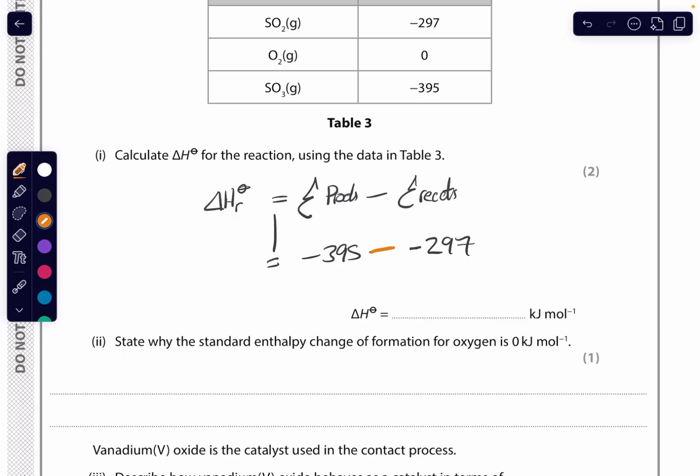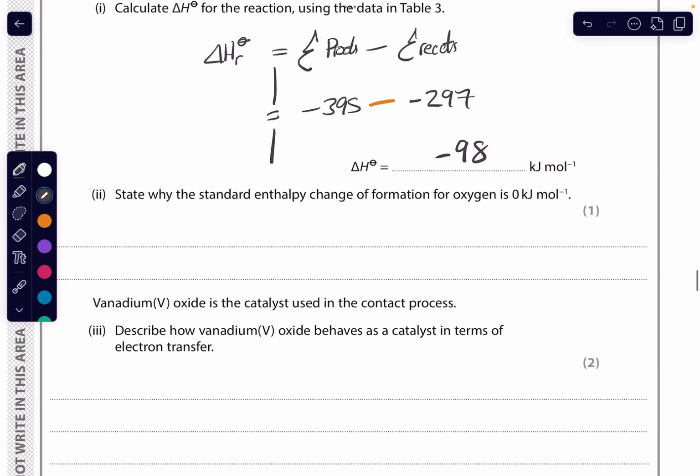Put this into your calculator exactly as you read it: negative 395, subtract negative 297. It will look something like this. When you press equals, you should get an answer of negative 98. Yeah, that's right, negative 98. If you got positive 98, you get 1 mark.